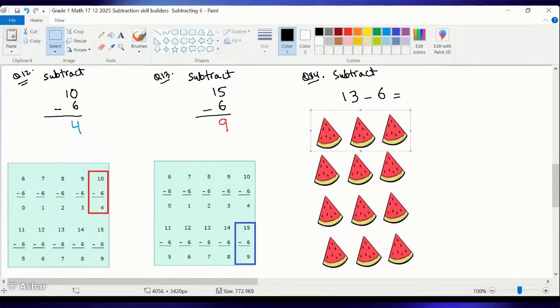But we had to do how many slices? We had to do 13 slices. So we remove the 2 from here.